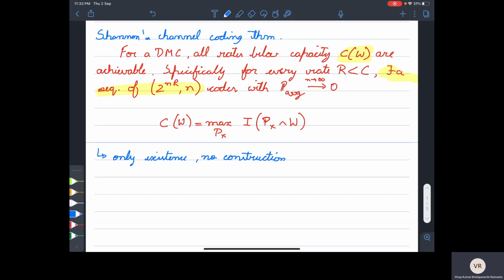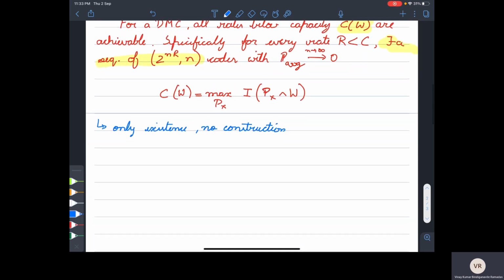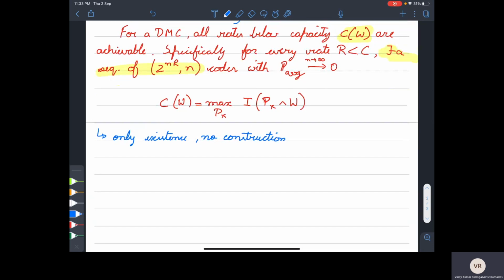Moreover, the statement of the channel coding theorem is an asymptotic statement. That is, it has something of the nature of as n goes to infinity. The block length that you are working with goes to infinity. Well, this is not of much use when you are looking at a practical scenario where you have to operate with finite block length.